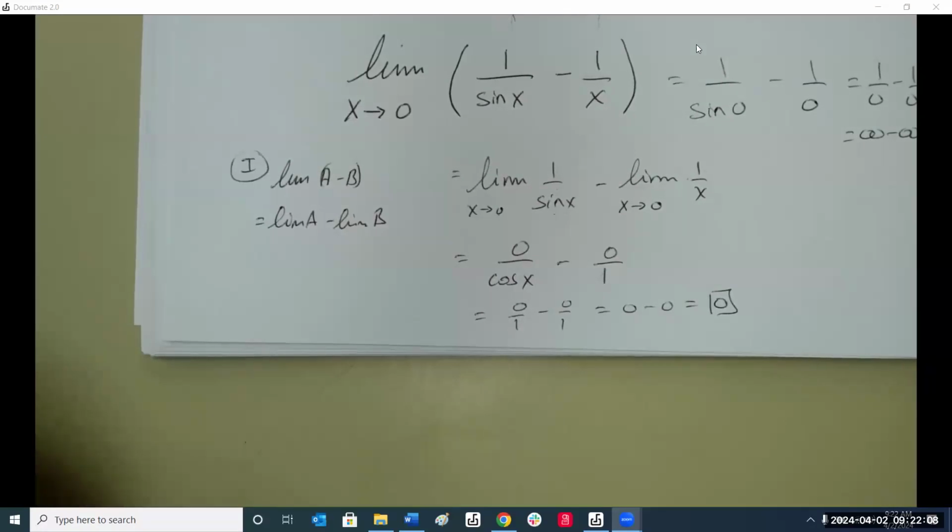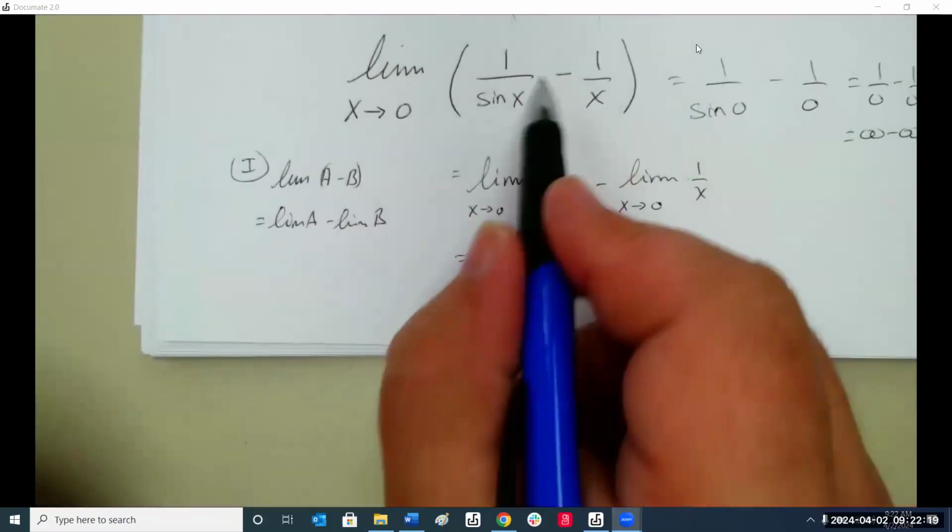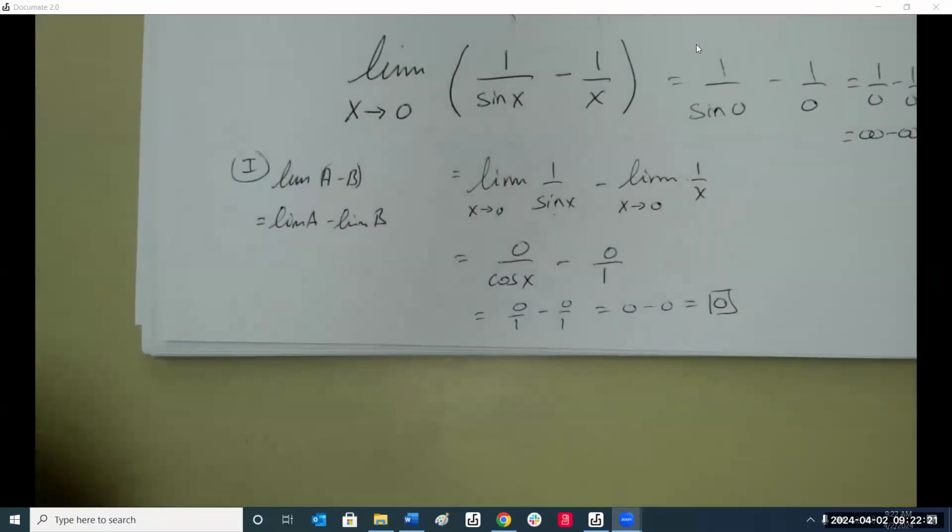Pretty straightforward. Now, what would the other way be? The other way is combining these two, getting a least common denominator.